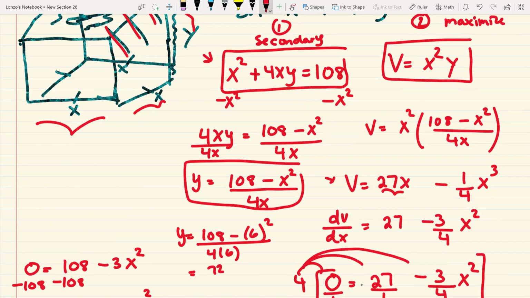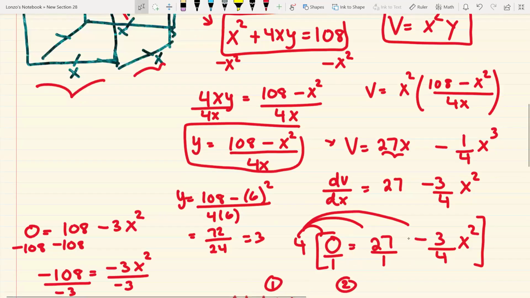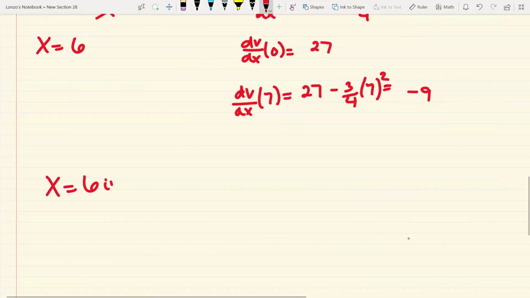That's 2, and then 4 times 6 is 24. Does that even come out nicely? 72 over 24. Yes, it's 3. Okay, so that means our x is 6 inches and our y is 3 inches. Or 6 by 3.